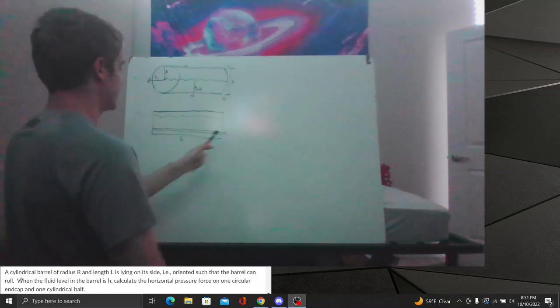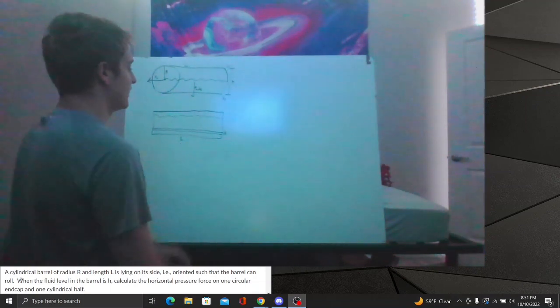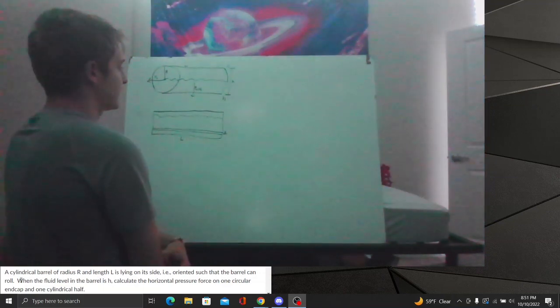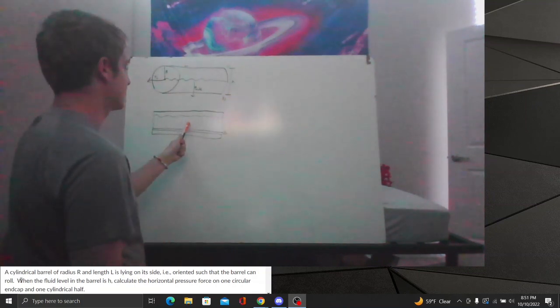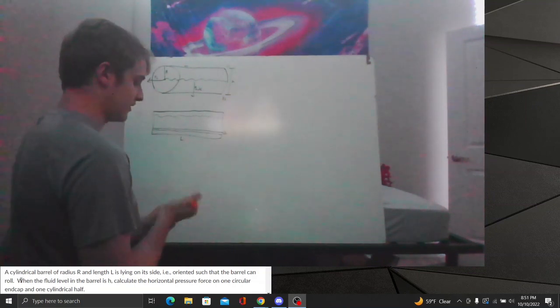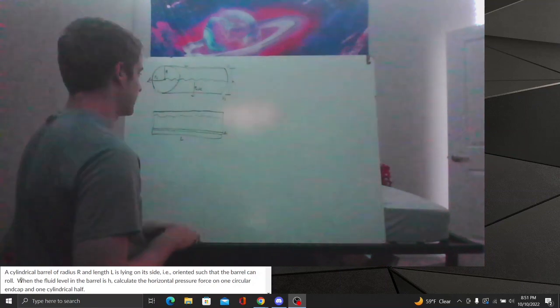As you notice, we have this little amount of height dh, which is signifying that depending on where you are, at what distance you are below the liquid, it will exert a different amount of pressure.